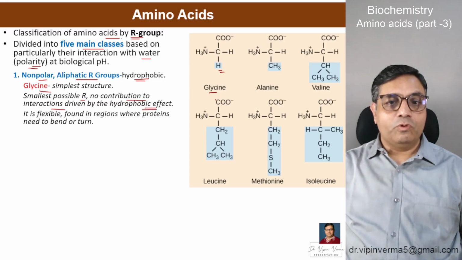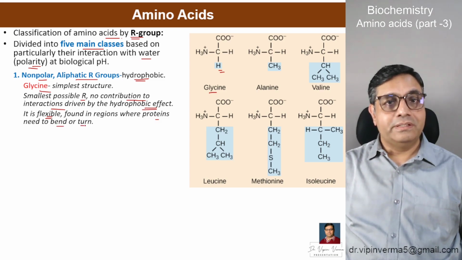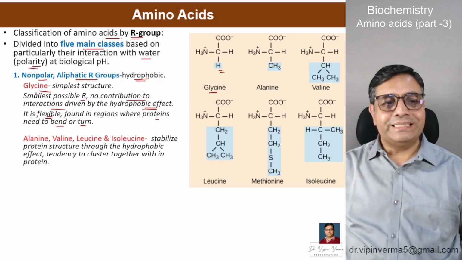The good part about this H is that it is so small that it makes this amino acid flexible. Because of this, glycine is likely to be found in regions where proteins need to bend or turn. Remember, when a polypeptide chain needs flexibility, glycine is the preferred amino acid.